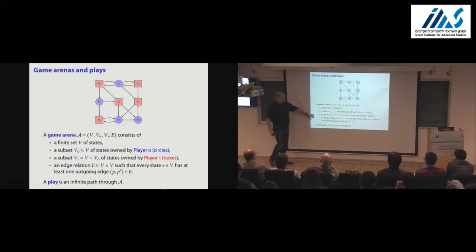Then there's an edge relation that connects these states, and we require that the game can continue all the time. So there's always at least one outgoing edge. This is just to make sure that these infinitary winning conditions make sense, right? So that we don't get stuck with just a finite play. Now, a play is an infinite path through the arena.